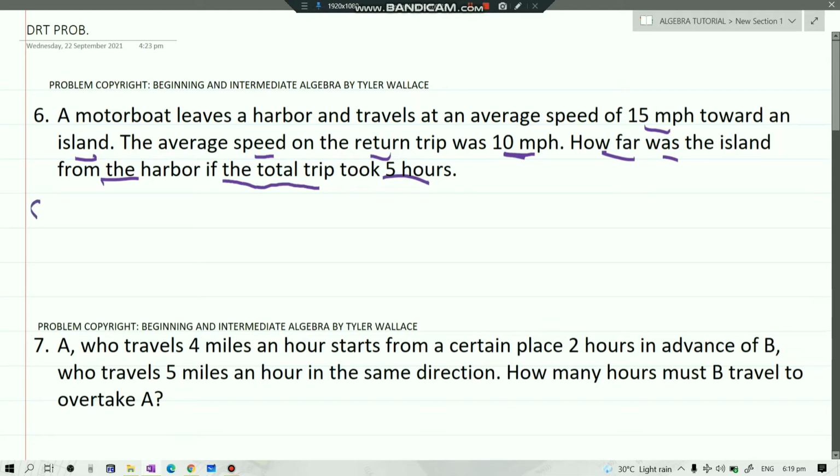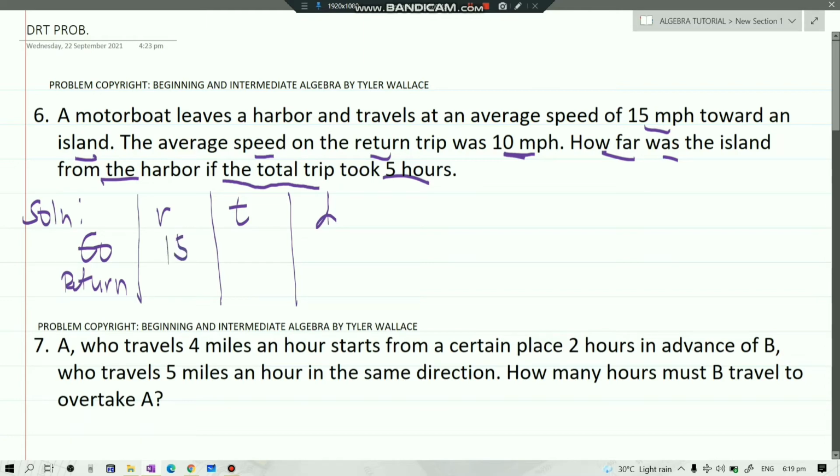So, for our solution, so paano yan? Let's make go and return. Okay? So, yun na lang yung symbolize natin. So, we have the rate, the time, and the distance. Okay? So, meron naman silang mga rate na given. So, for the go, we have 15 and 10.